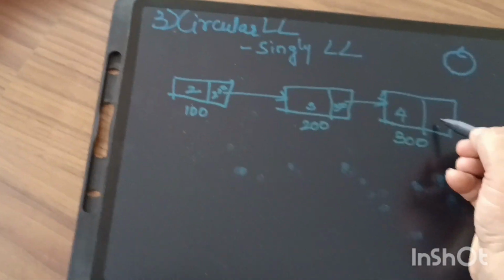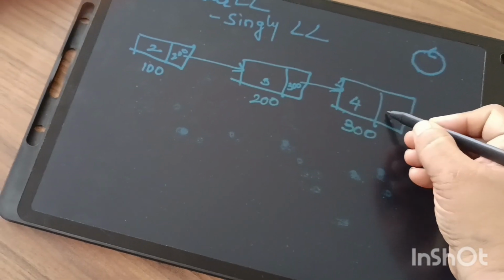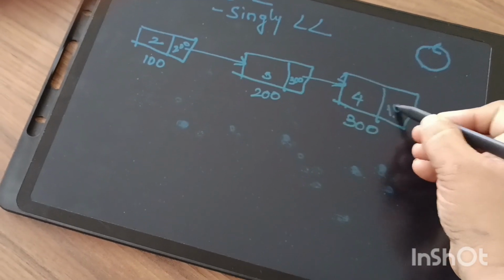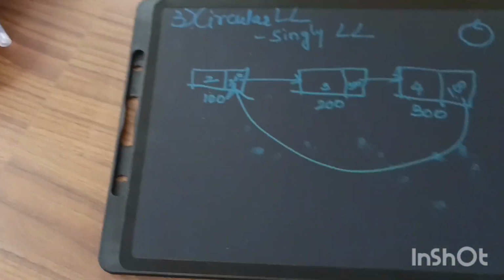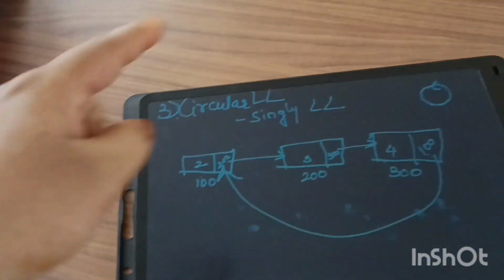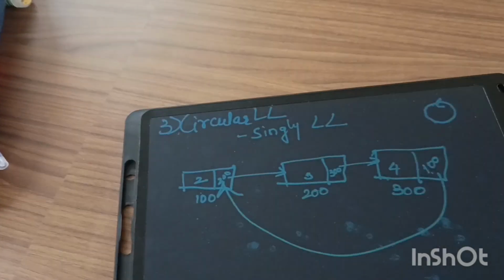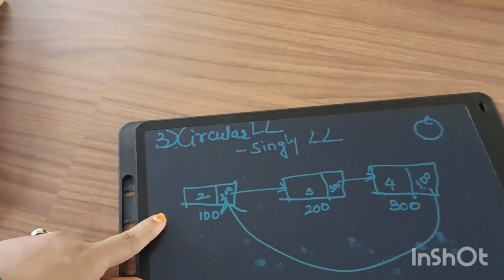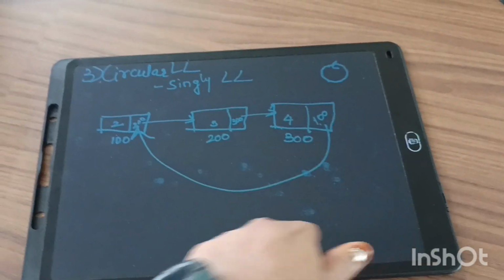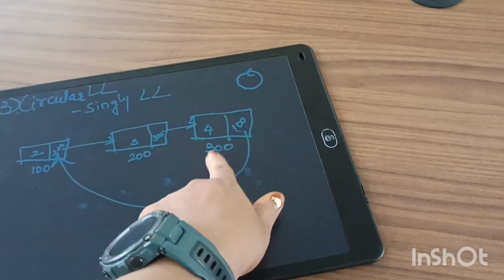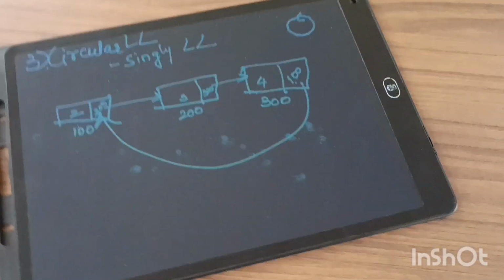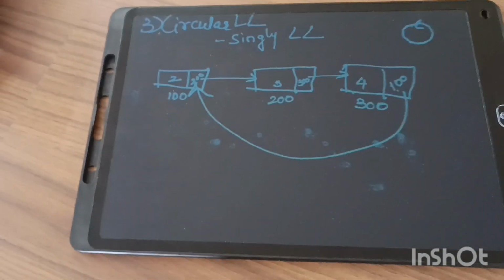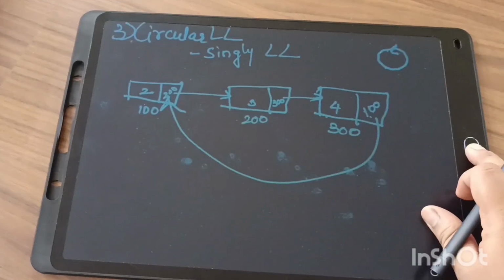The last one would contain null, but instead of null, I will store the address of the first node, that is 100. So it will point to this node, and the circle is formed here. After the last node, we are pointing to the first node. This is how a circular linked list is shown.